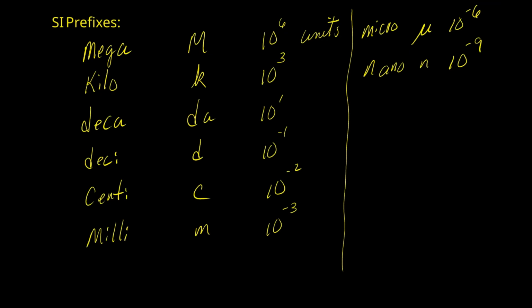Sometimes you'll see an angstrom in our problem. This is not an SI unit, but it's often used to express the size of an atom, size of a molecule, the length of a chemical bond, or whatever. And the angstrom is 10 to the negative 10 meters. You see that a lot. So I thought I'd include that one also.